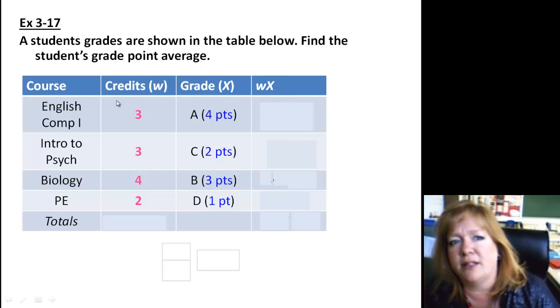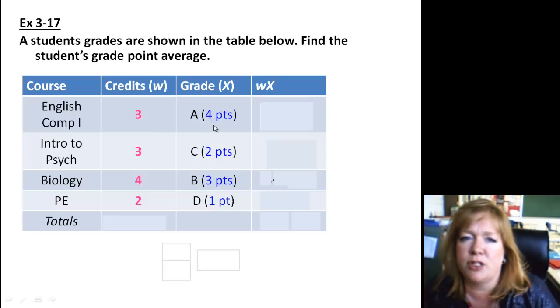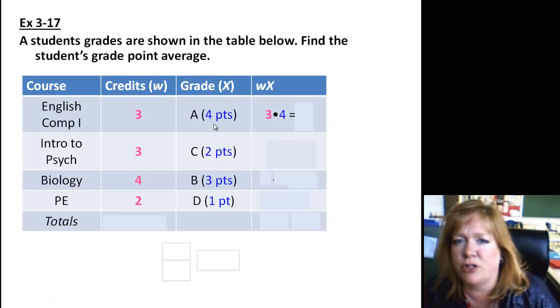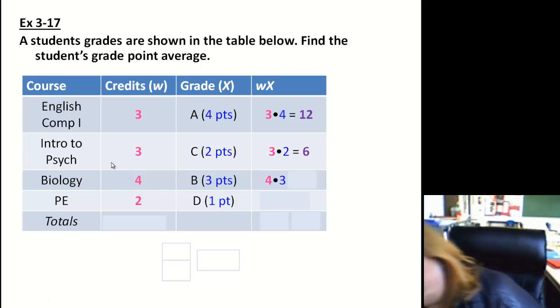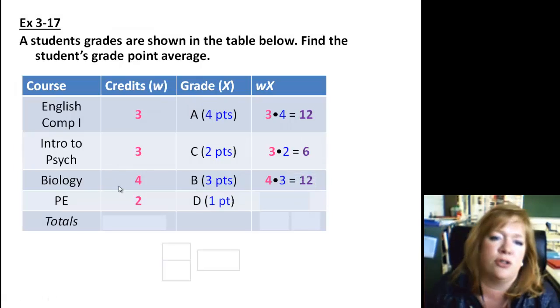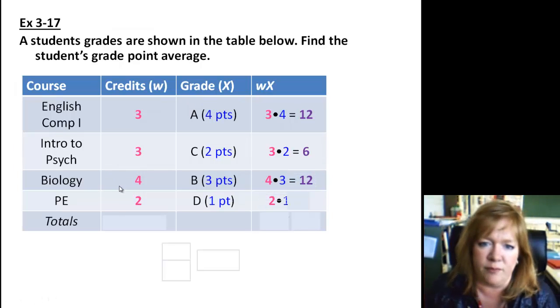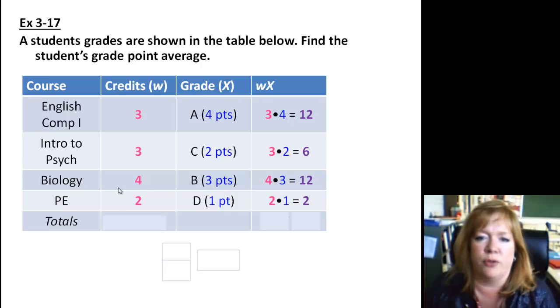The weight is 3 credits times 4, for that represents your receiving an A. So you take 3 times 4, you get 12. 3 times 2 is going to give you 6. And the next one is going to be 4 times 2, I believe. I can't see it. And then 2 times 1, which is going to give you 2.